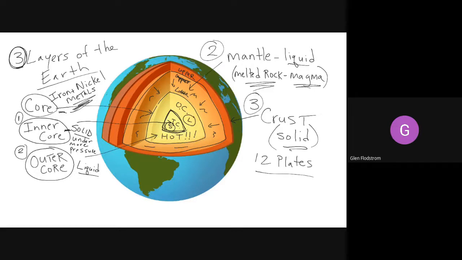Since it's broken, these plates are moving, because the crust is a solid, kind of floating on the liquid portion of the upper mantle. So things are moving. That's why you have earthquakes and volcanoes and trenches and the building of mountains. Okay, let's go to the next one.